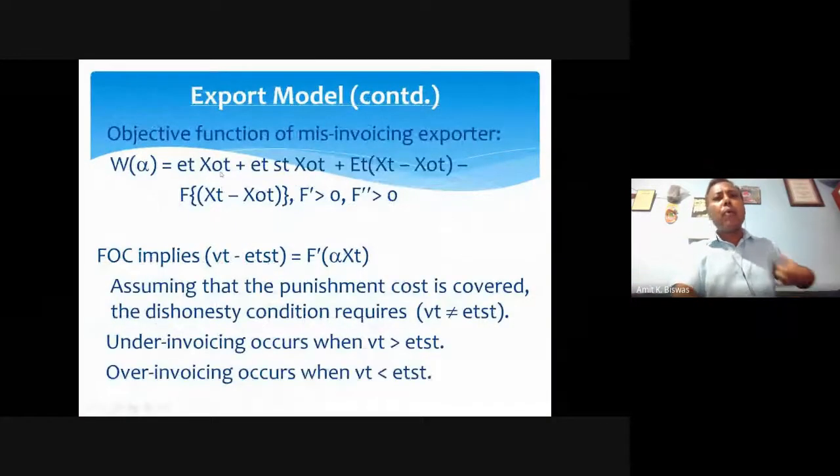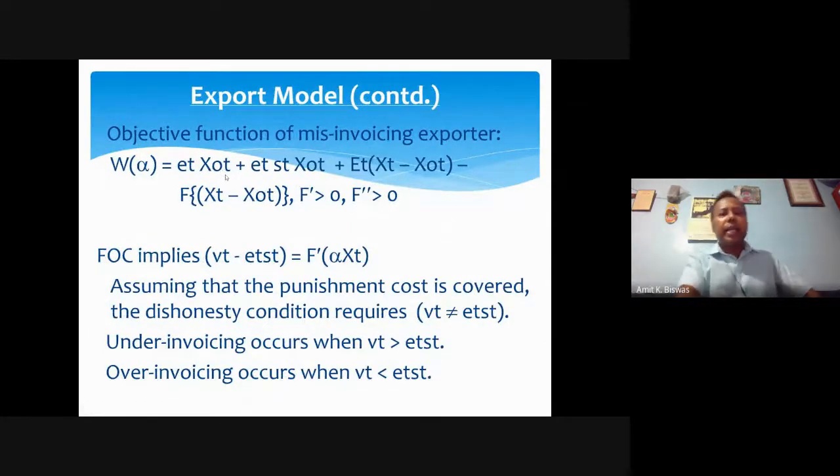So here, how are we forming our objective function? I gave the example of Tanushree. Tanushree is exporting 1,000 euro of bioseeds to the US. She should have reported $1,000 worth of bioseed export to RBI, but she does not.